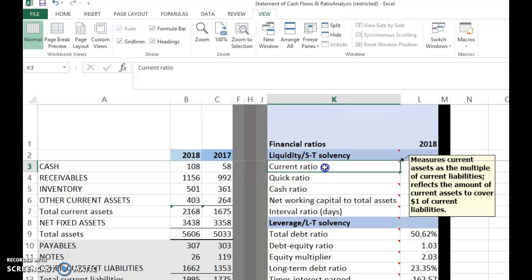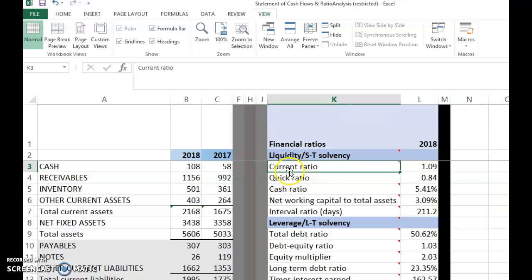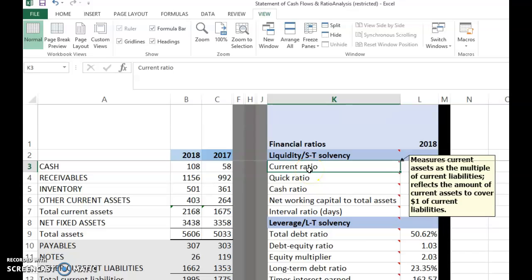The first one is called the current ratio. This current ratio measures current assets as a multiple of current liabilities. It also reflects the amount of current assets to cover $1 of current liabilities. The formula is very simple. This is a very popular, widely used ratio. The formula is current assets divided by current liabilities.